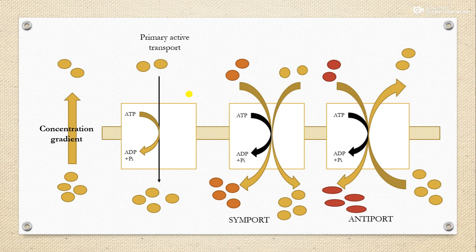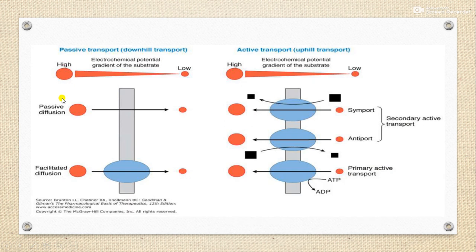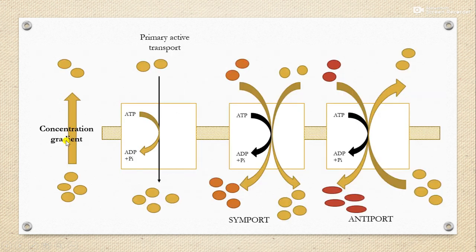So in this figure, you can see the passive transport and active transport, primary as well as secondary. The first region in this figure tells you about passive diffusion, that is the movement of drug from a higher concentration to a lower concentration.